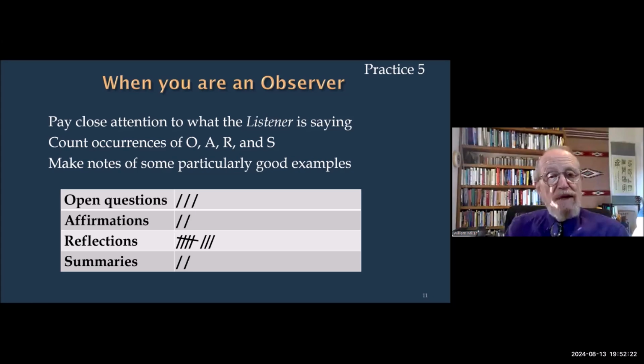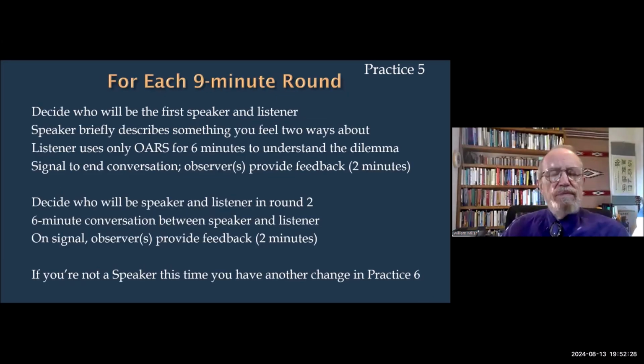So you need to be keeping these counts so that you can say to your partners what you observed as an observer. And the way it will work is in each 9-minute round, first you have to decide who's going to be the speaker, who's going to be the listener. The speaker starts by briefly describing something you feel two ways about. Don't give a long speech about it. Just here's the topic.